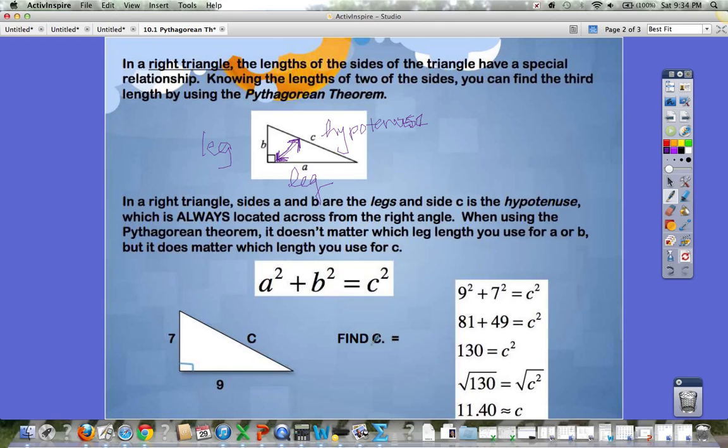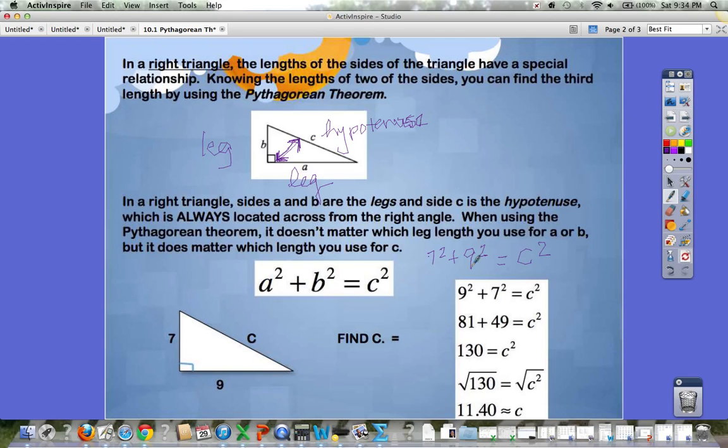So it says find length C. So you're going to take what you have and you're going to plug it in. Now I could start with a 7 as my A, or I could start with a 9 as my A. Does not matter. Okay, so I'm going to put in 7 squared plus 9 squared equals C squared. I just plugged in for A and B because that's what I have.